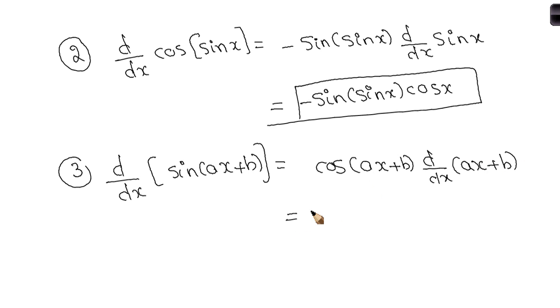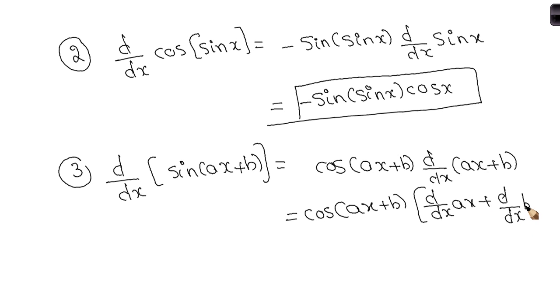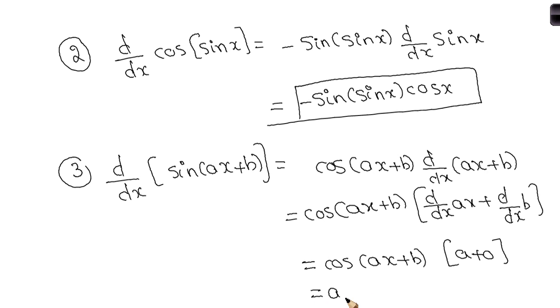So this becomes cos of ax plus b into derivative of ax plus derivative of b. b is a constant, so its derivative becomes 0. Cos of ax plus b into derivative of ax, which is a, plus 0. So this would become a cos of ax plus b. Okay.